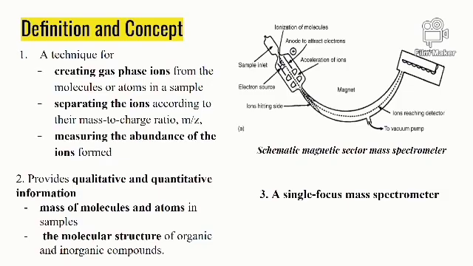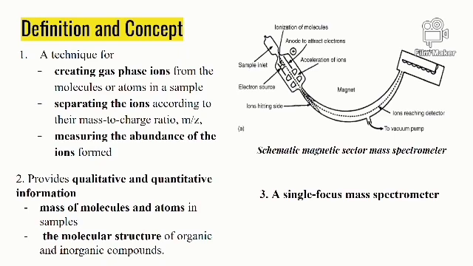So we will see the definition and concept of AMS. AMS is basically highlighted with 3 words: creating gas phase ions, separating the ions, and measuring the abundance of the ions.